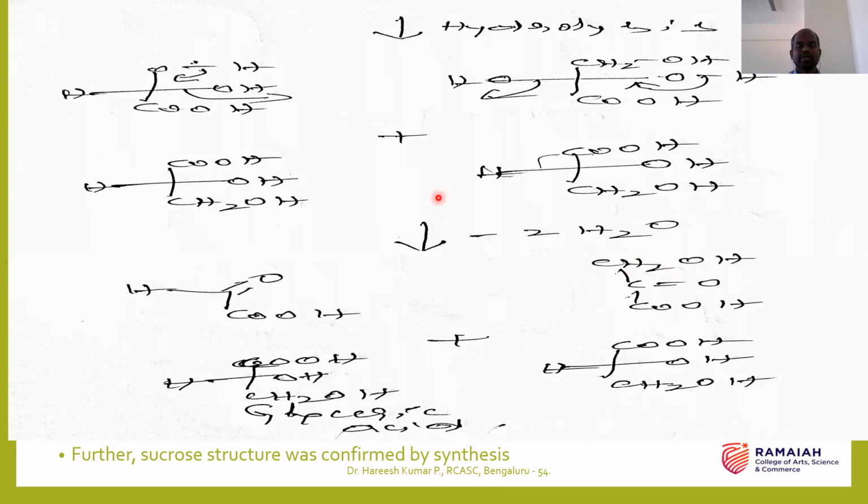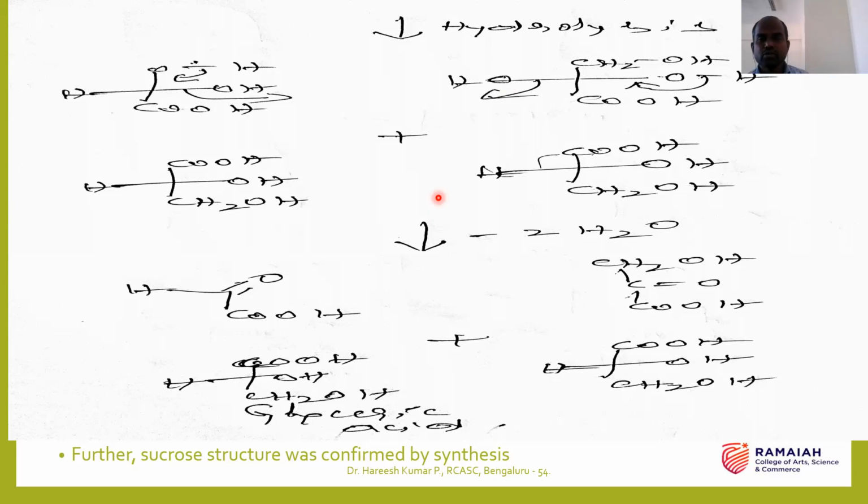So the previous slide as well as this slide is nothing but chemical evidence for the structural elucidation of sucrose. Sometimes they will ask 4 marks or 5 marks questions, asking you to write the chemical evidence for the structural elucidation of sucrose. In carbohydrates, you have two disaccharides for structural elucidation: one is sucrose, and the other is maltose.